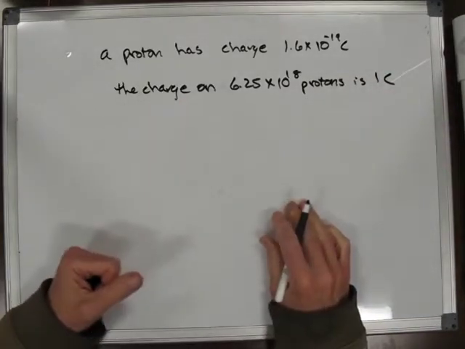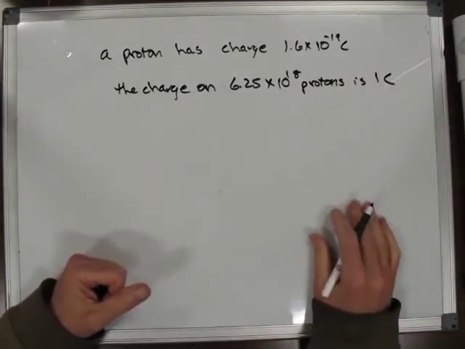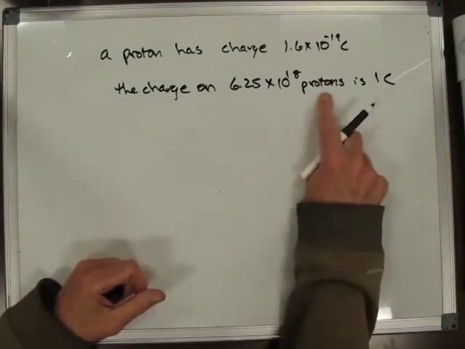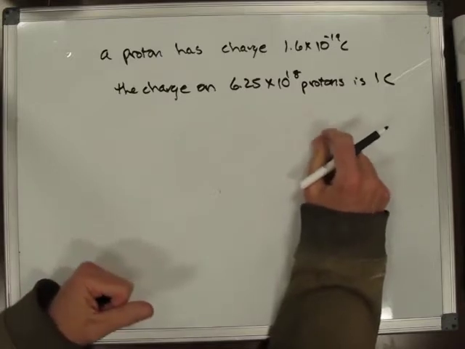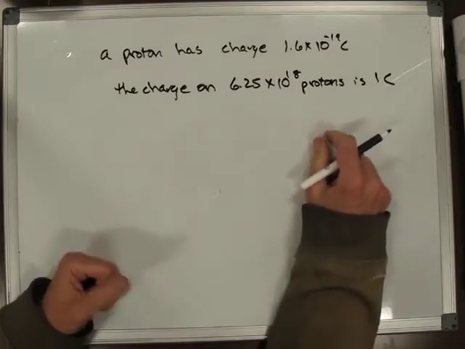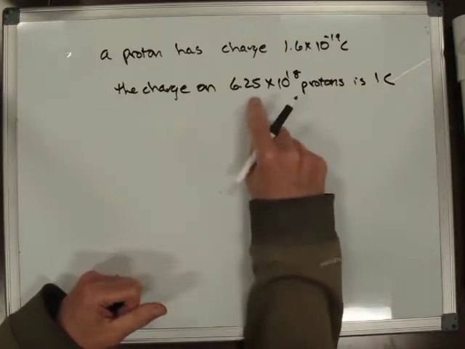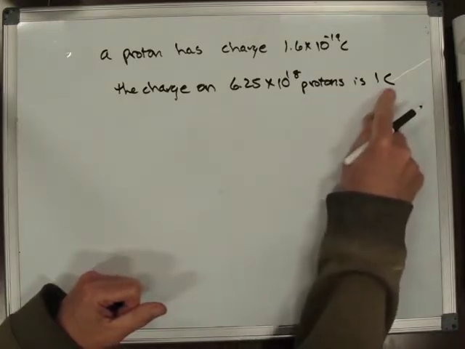Typically we're moving lots of charges when we have a current or something like that, so we don't want to use proton charges, we want to use some large number of charges, in the same way that we don't want to measure large distances in inches or millimeters. And so this many protons is a coulomb.